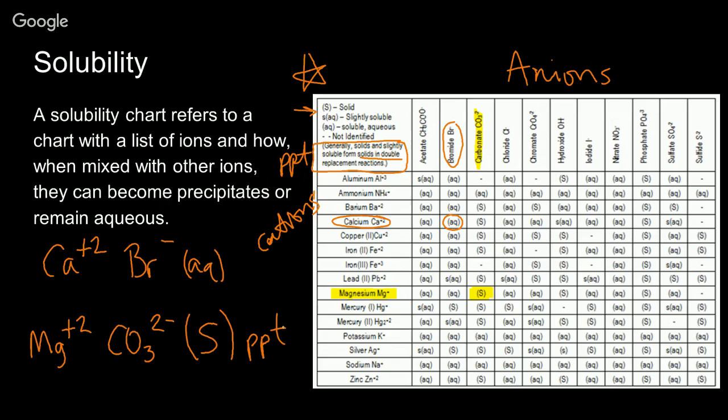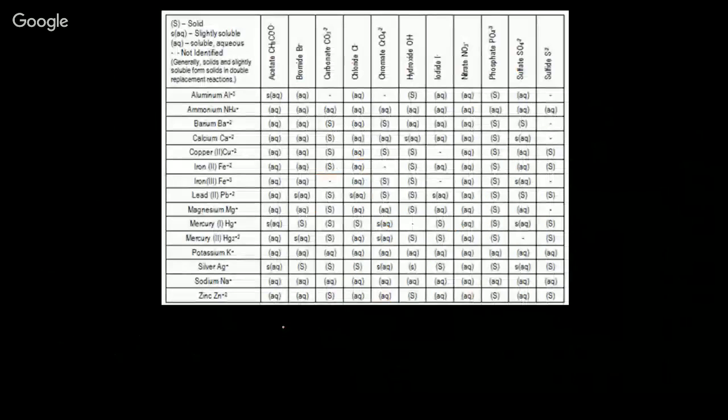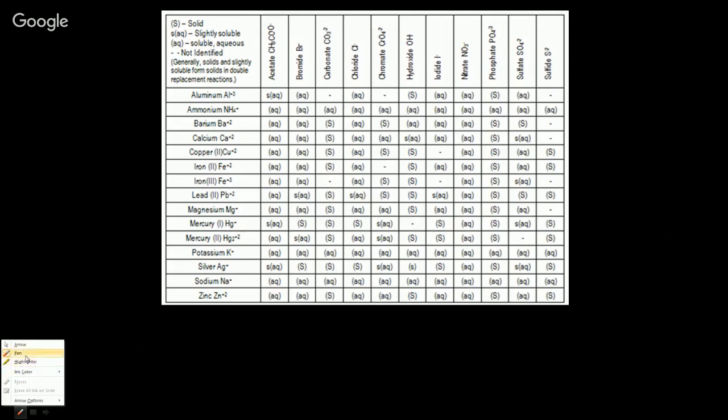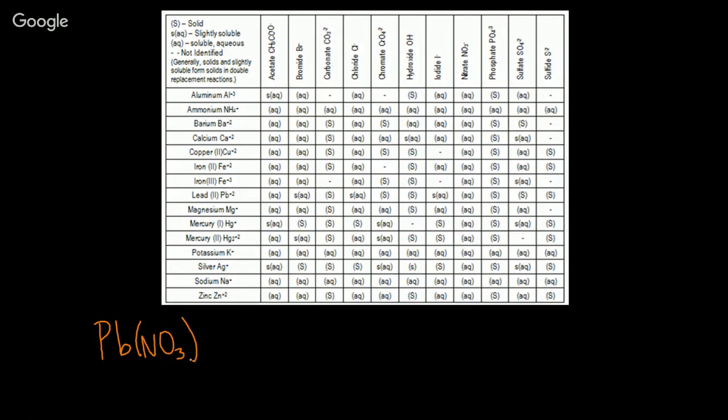All right, let's look at a couple examples. The first example, we're going to show where we do get a precipitate. In this example, we're going to take lead 2 nitrate, which is aqueous, plus potassium iodide.